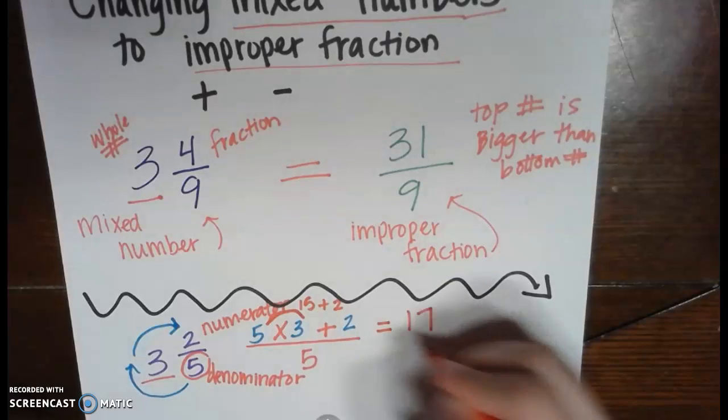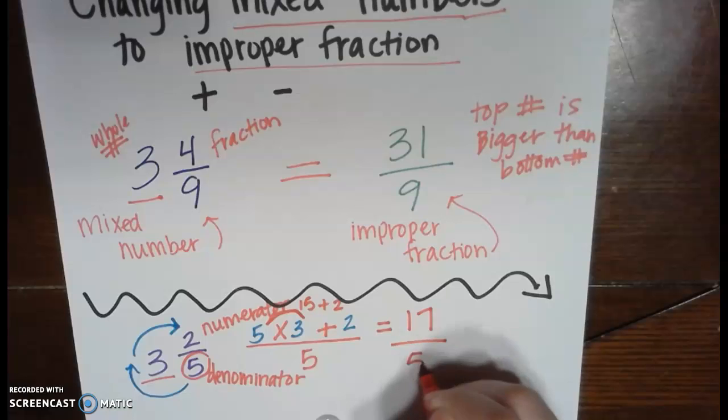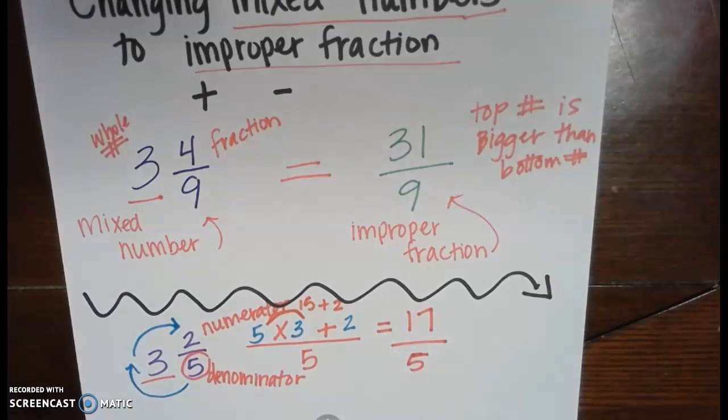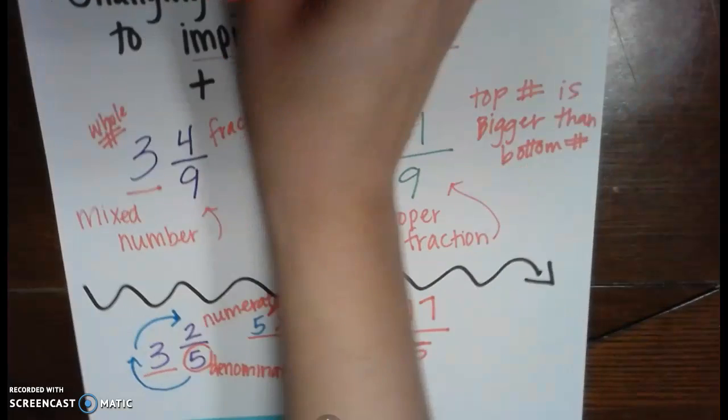So that equals 17, and my denominator just slides over. So 17/5. So 3 and 2/5 equals 17/5, my improper fraction.